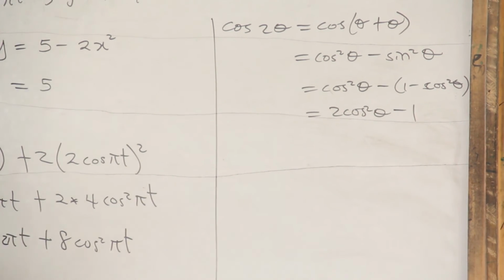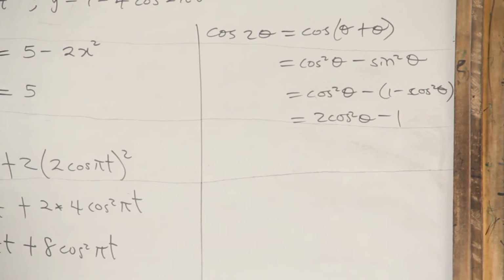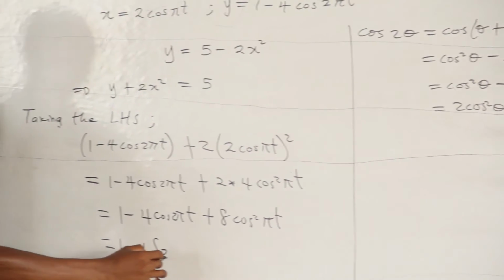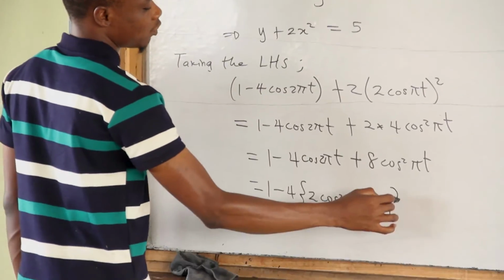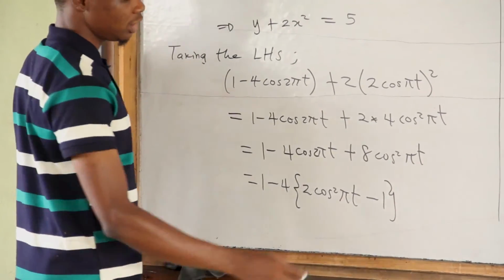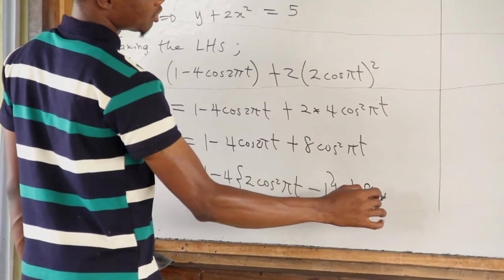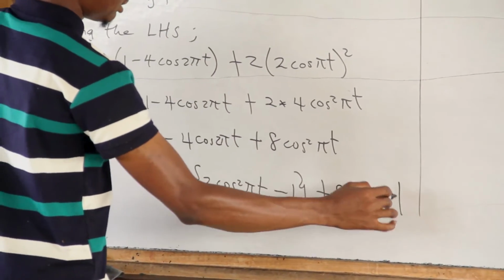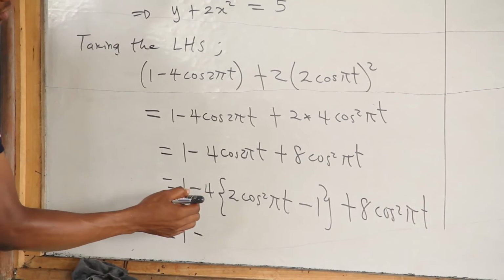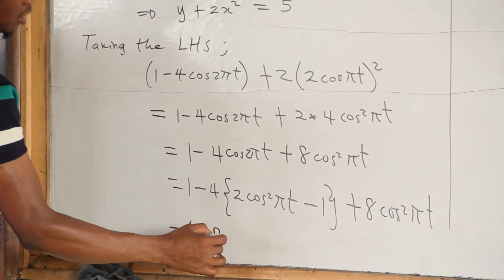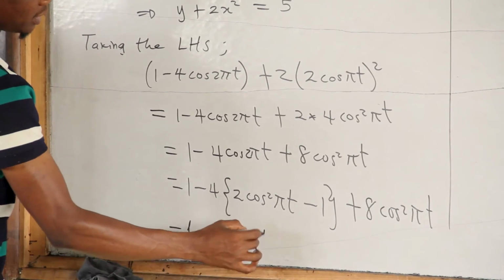So I can put that right here. This is going to be equal to 1 minus 4 into cos squared pi t minus 1. Do you understand that? Then plus 8 cos squared pi t.